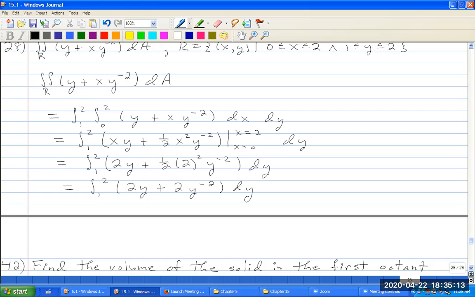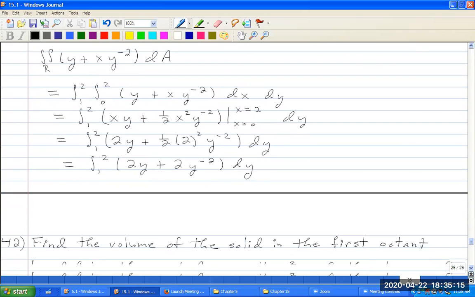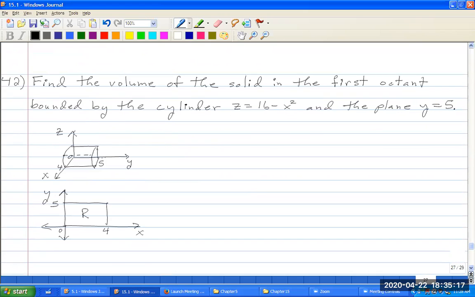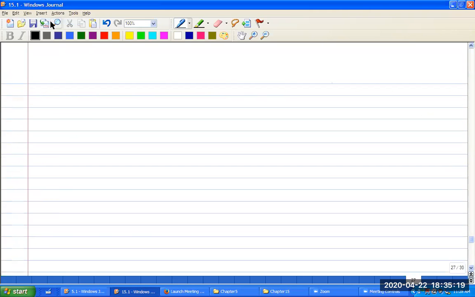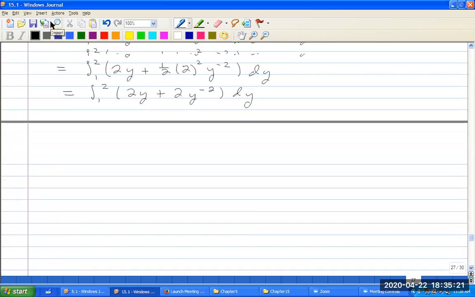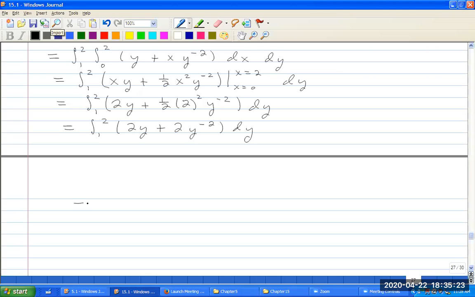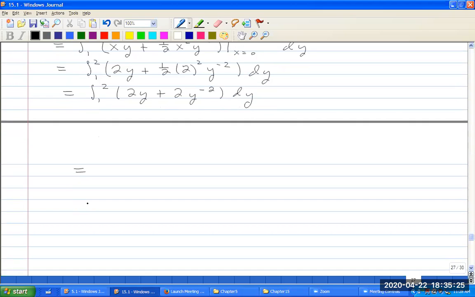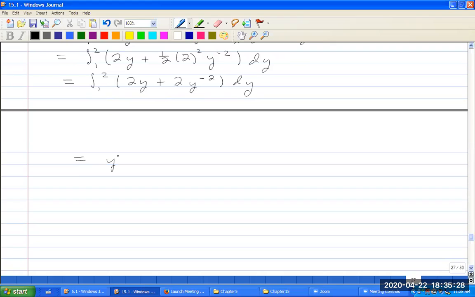So now let me integrate this. Let me give another page. Okay, so the integral of 2y is just y squared. The integral of 2y to the negative 2 is going to be minus 2y to the negative 1.